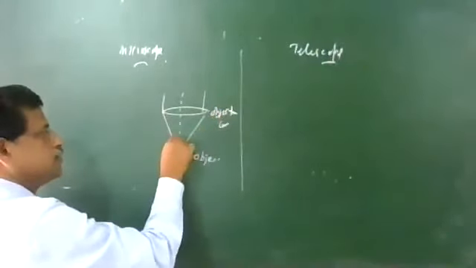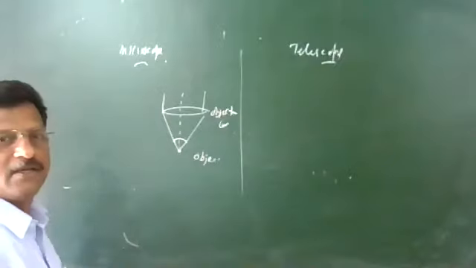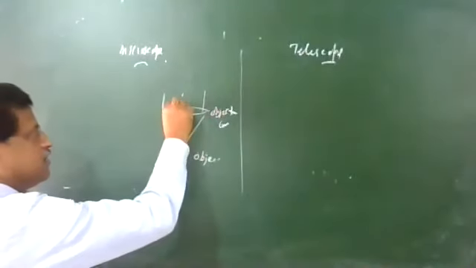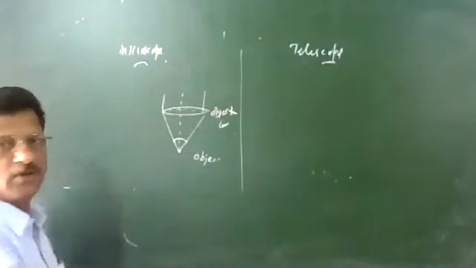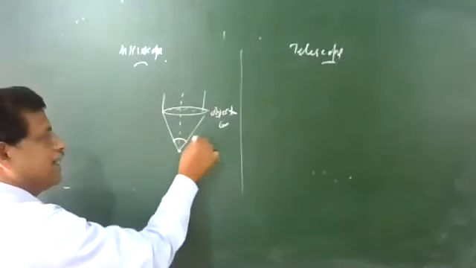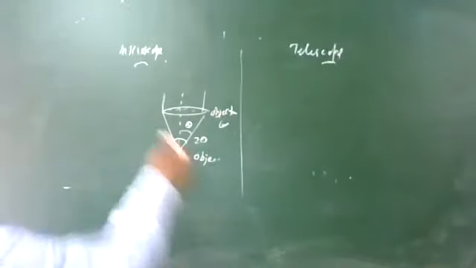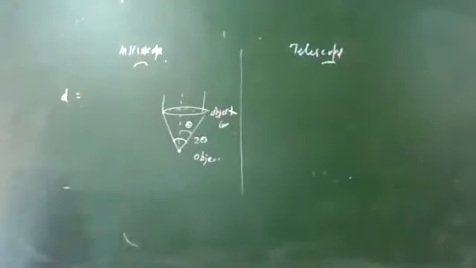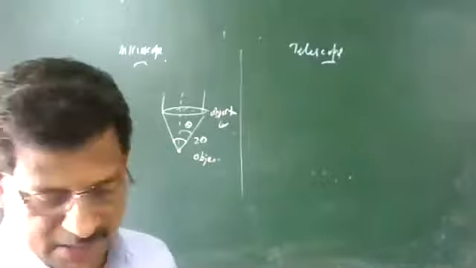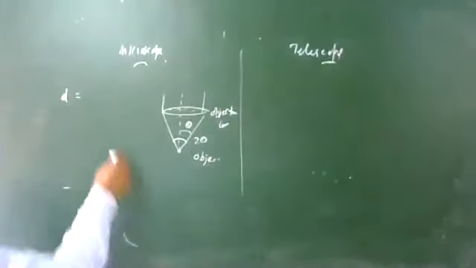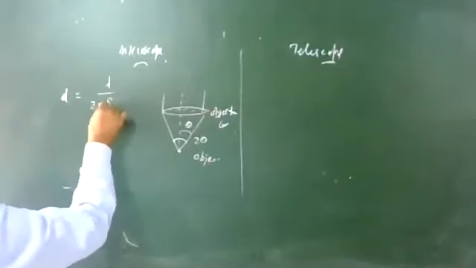The full angle I am marking as 2 theta, so the half angle is theta. And the limit of resolution d, the smallest distance that can be seen separately by this device, is equal to lambda divided by 2 n sin theta.